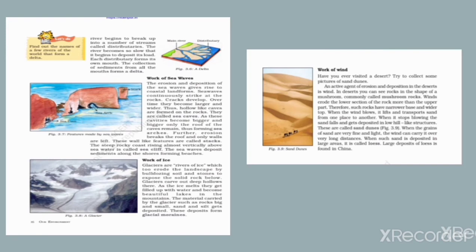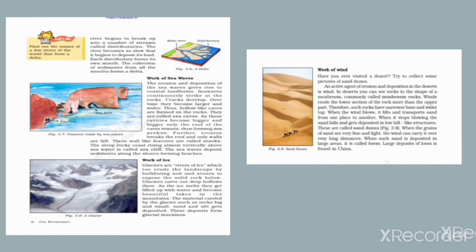Next, work of sea waves. What do the sea waves do? We know that the erosion and deposition by the sea waves help in forming the coastal landforms, that is the beach. Now, the sea waves continuously strike at the rocks. See this picture? You can see these small arches and sea caves.